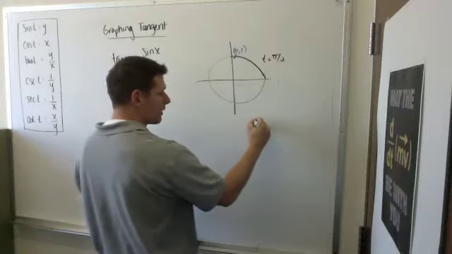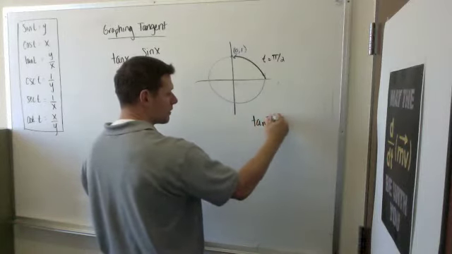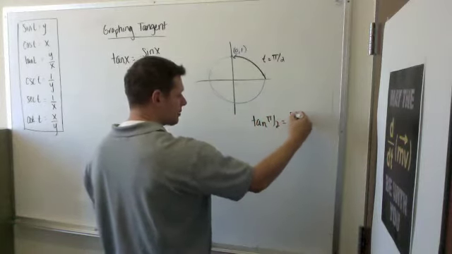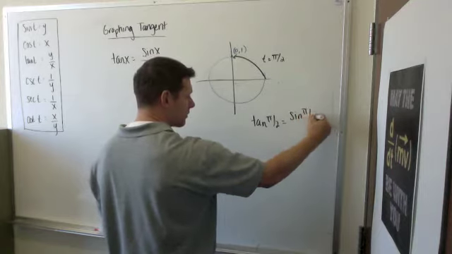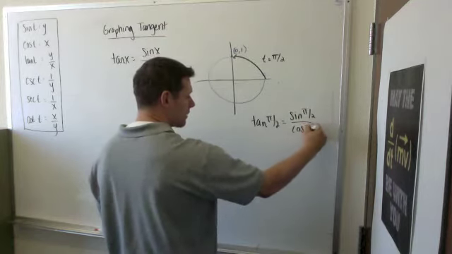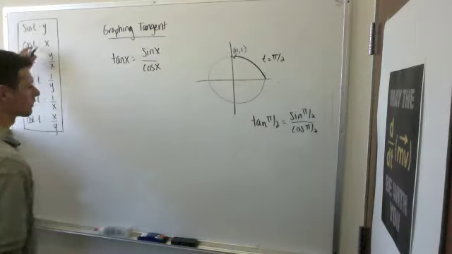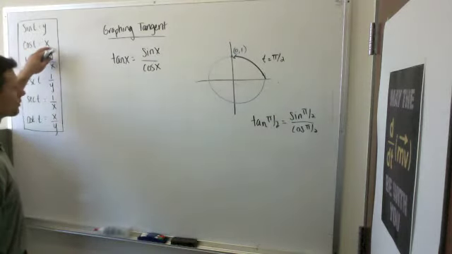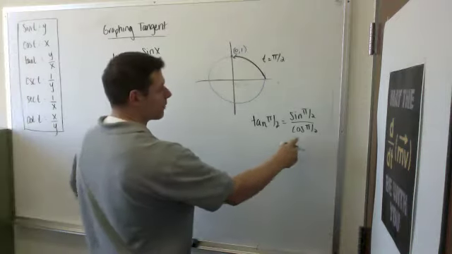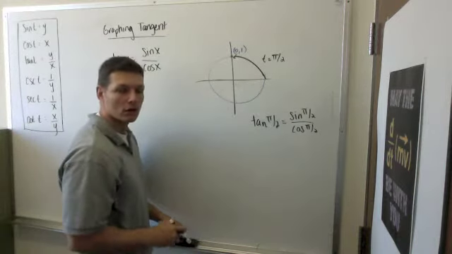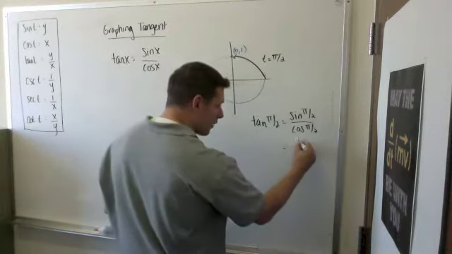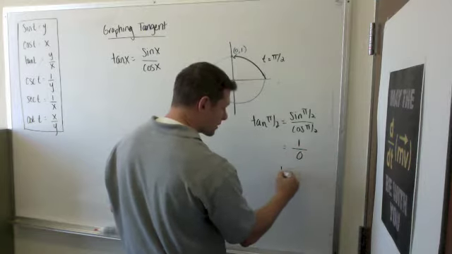So if I wanted to find tangent of pi over 2, I could do that by simply doing sine of pi over 2 divided by cosine of pi over 2. However, cosine of a value t is equal to the x-coordinate, and what's the x-coordinate here? 0. So this would be 1 divided by 0. This is undefined.